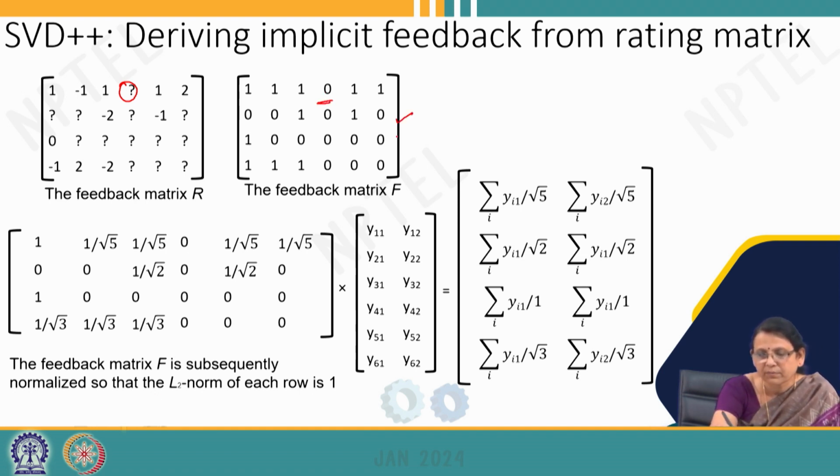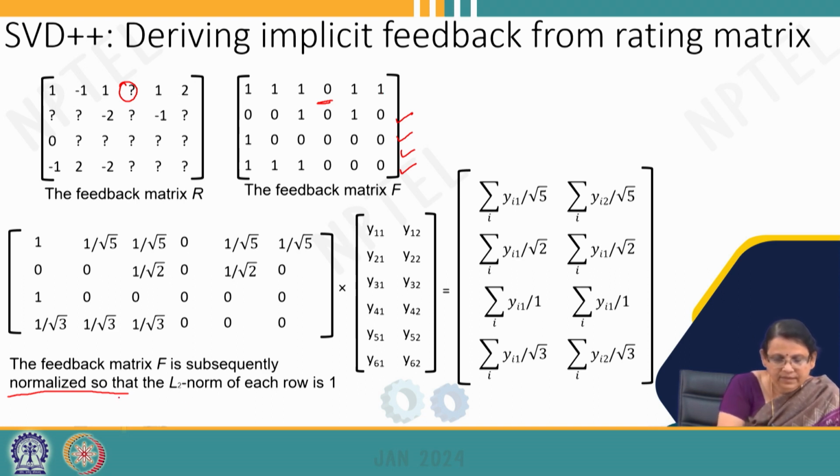So we repeat the same thing for all the rows. After we repeat for all the rows, we try making the normalized feedback matrix. How do we normalize it? Take all the elements over here, take the square, take the root over and divide by that.